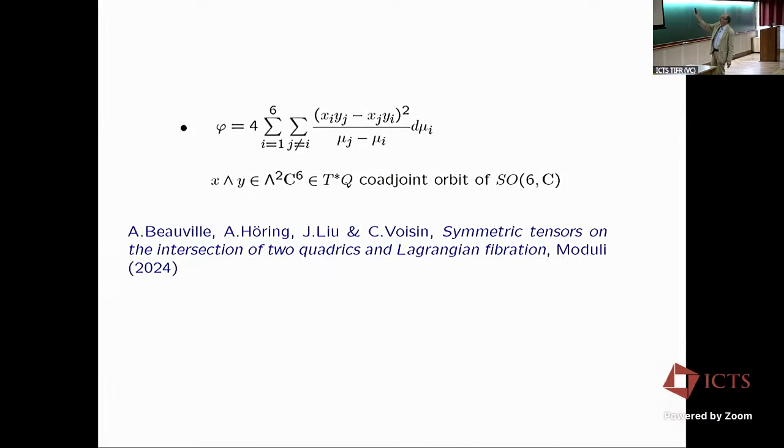But it's convenient that we can use coordinates on the cotangent bundle of the quadric and mu. So phi here, you see, is a holomorphic one form on mu with values in the coadjoint orbit of SO(C).